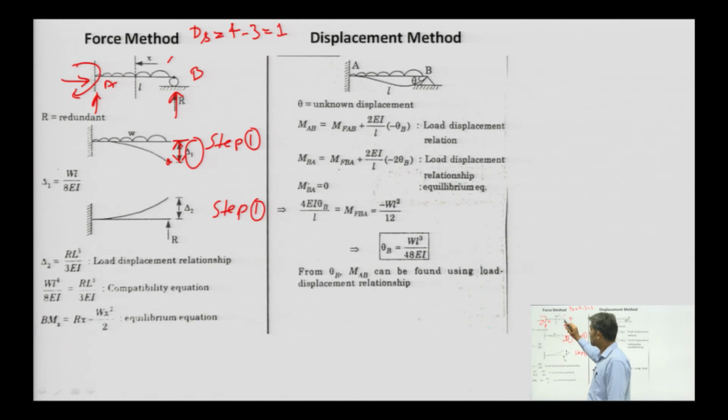When there is a roller support, that point B does not move to B dash, but when it is free, it can move in the downward direction. So, this is the value of delta 1, and we have equations for delta 1 in terms of W.